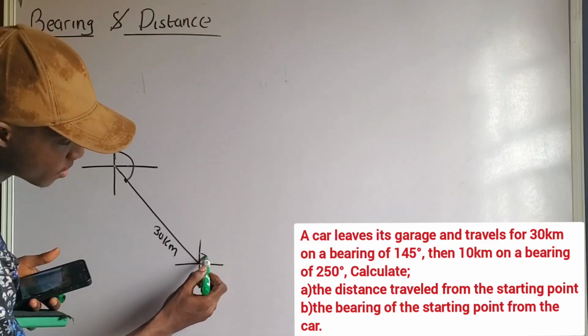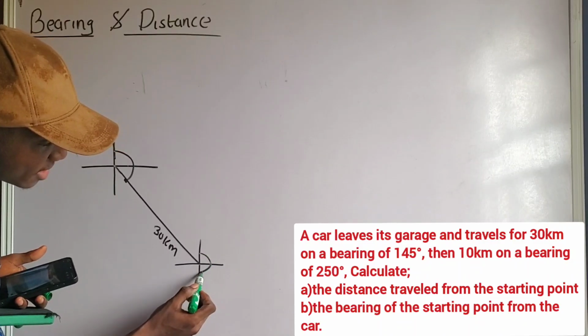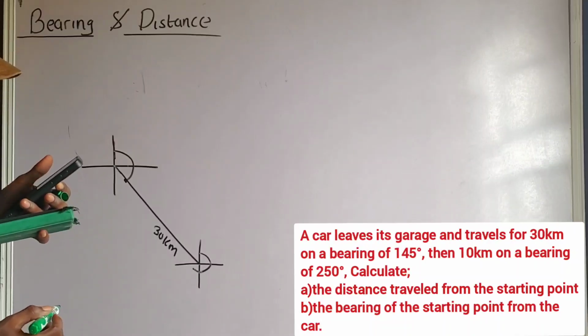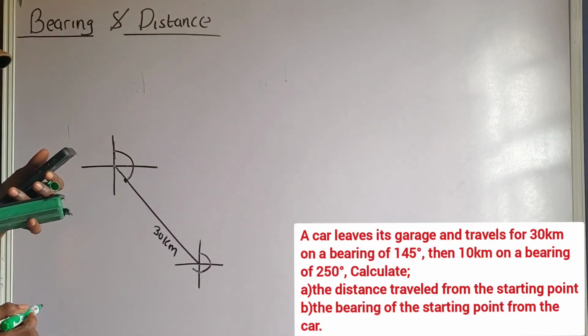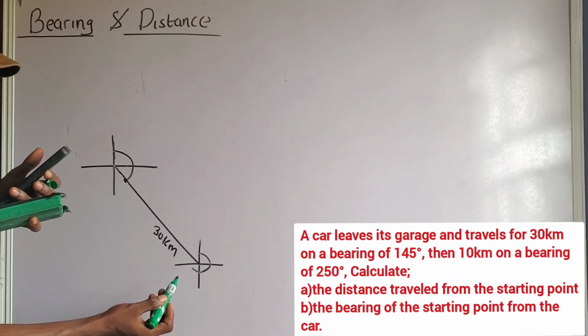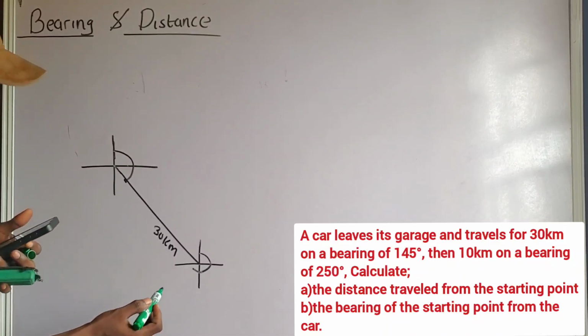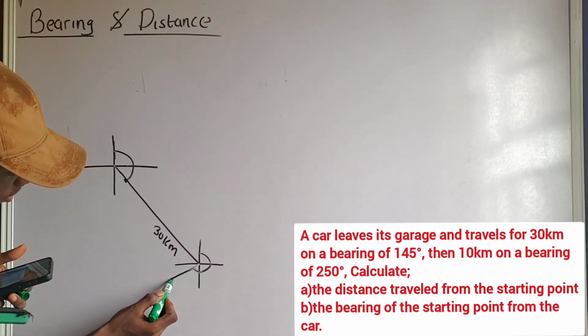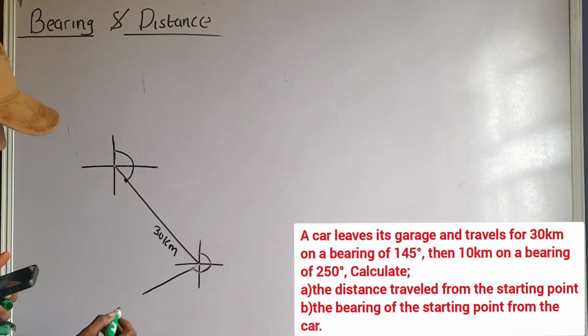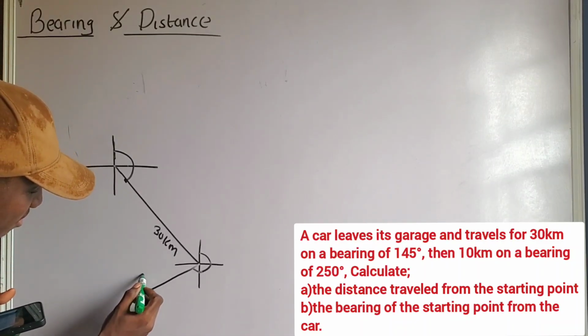So from this point to this point is 90, 180, 250 will be around this side. Do you understand? So the bearing of that distance is 250 degrees and the distance is what? 10 kilometers. So 10 kilometers will be shorter in length compared to 30 kilometers. Do you understand? So we're going to have something like this.